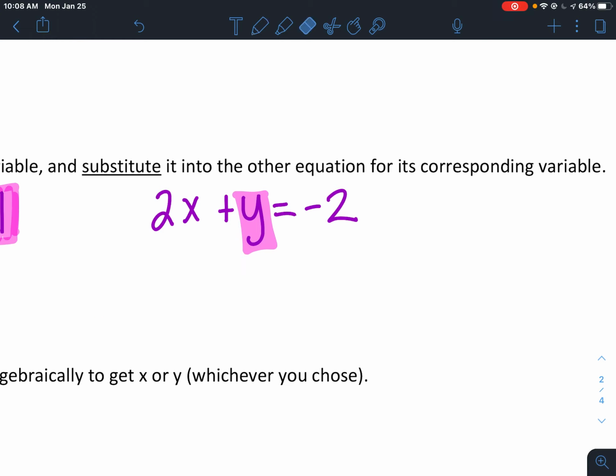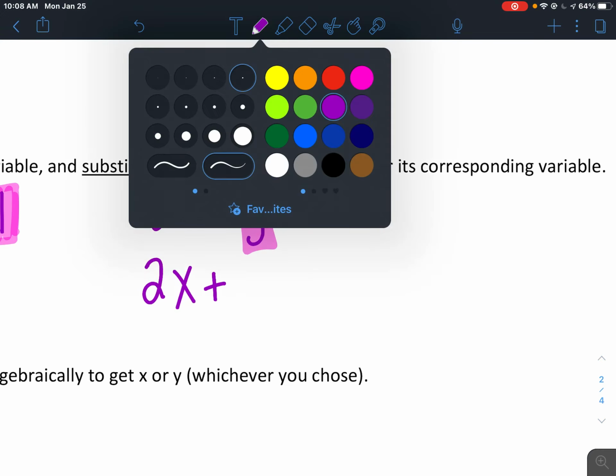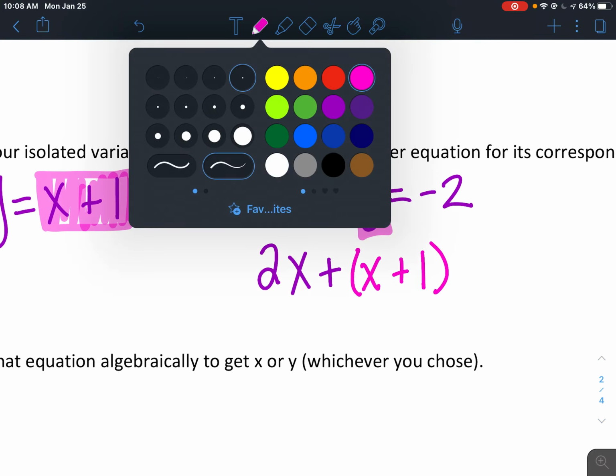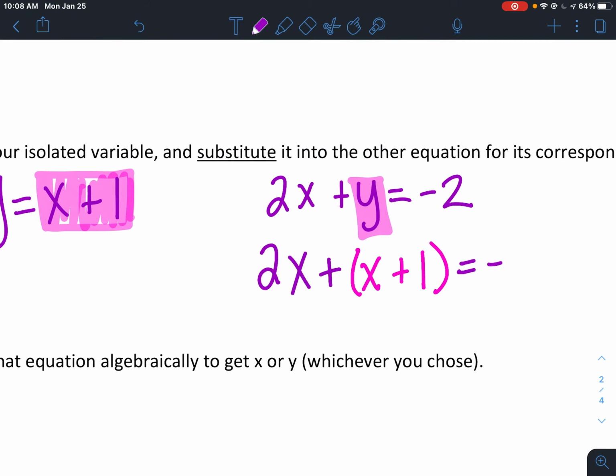We have 2x plus y. And what did y equal in the other equation? Well, it equaled x plus 1. And then that all equals -2.